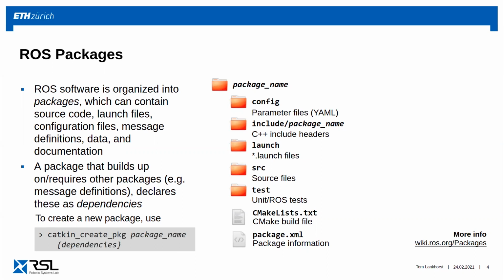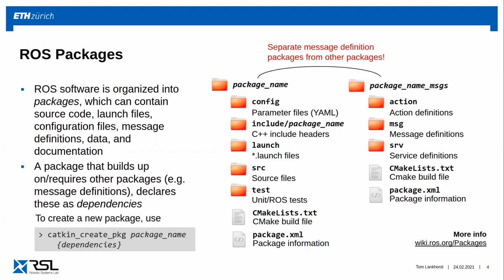Now, it is good practice to separate the so-called actions, message definitions, and service definitions from your package. And why is this? This is because other packages might depend on the messages that your package provides.